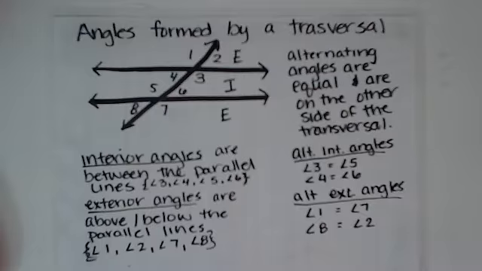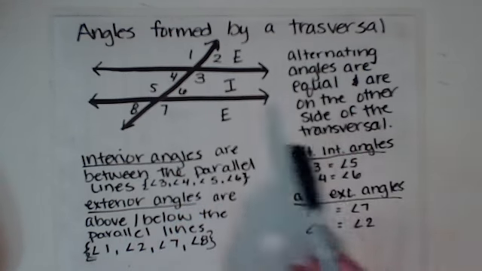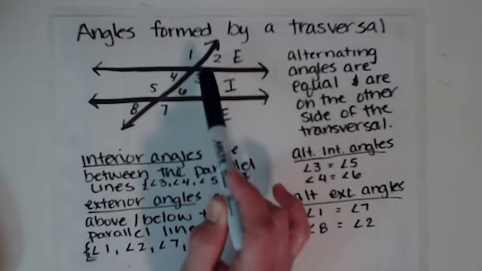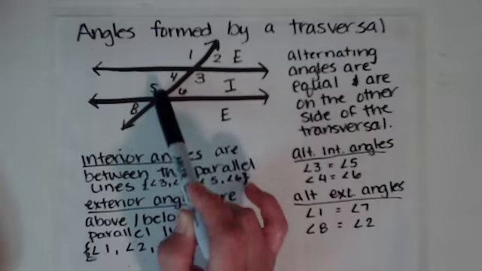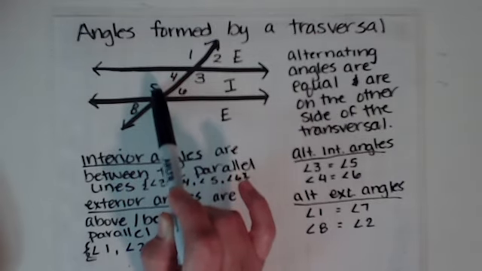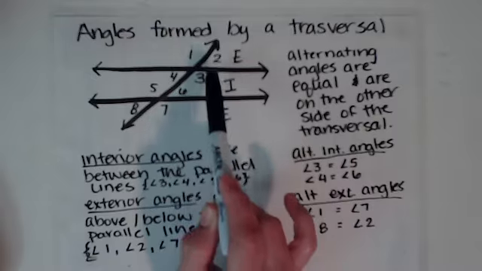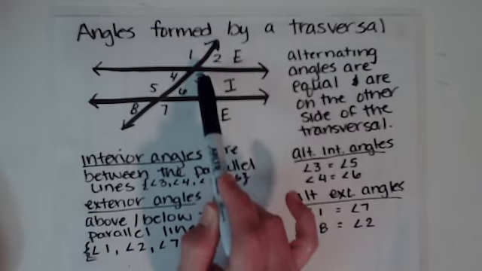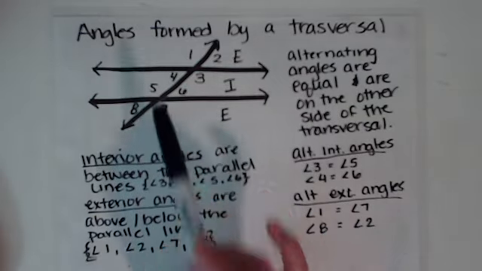Alternating angles are angles that are equal and they're on the other side of the transversal from the angle given. So in this case, some of our alternating interior angles are 3 and 5. So here's 3. We go to the other side of the transversal and the opposite angle, and that's our alternating interior angle. So they share the line of the transversal, but they're on different parallel lines.